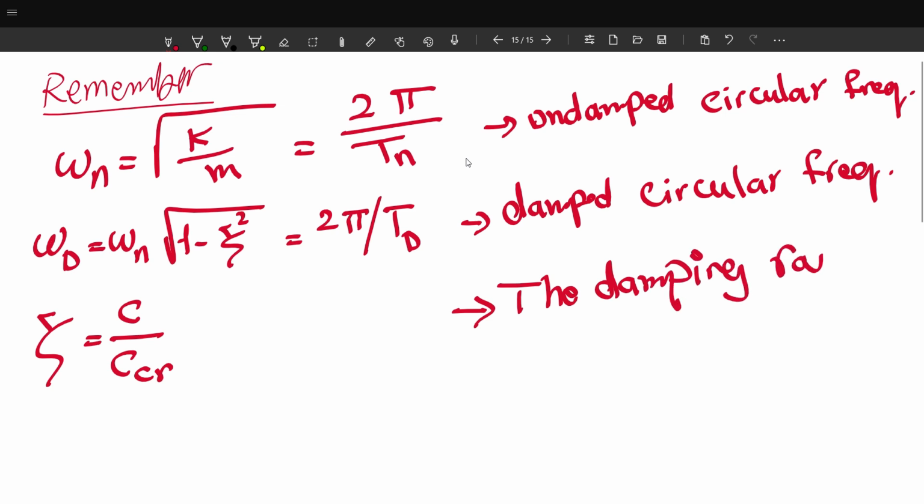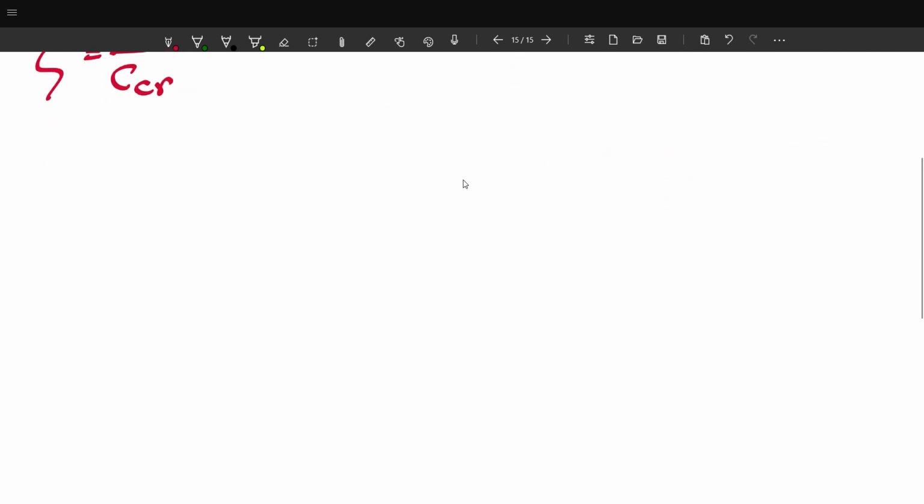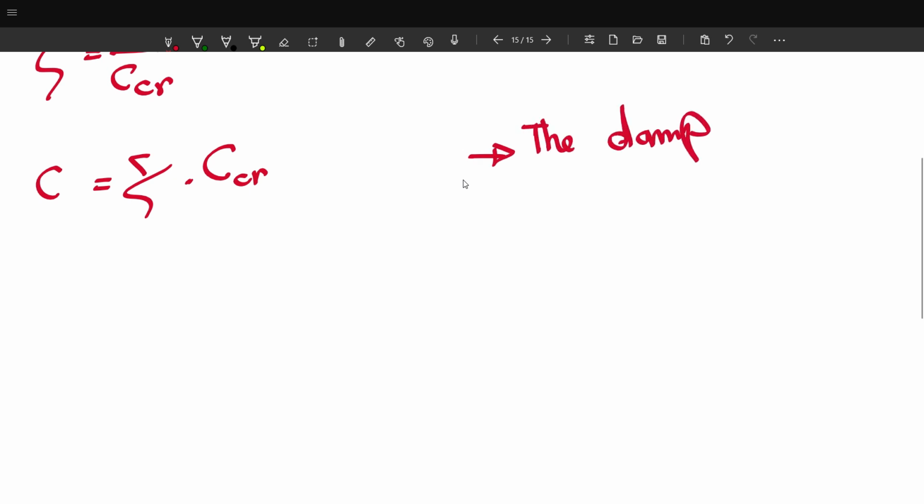It is very important to know. After that, we have C, the damping coefficient, which equals the damping ratio times CCR, the critical damping coefficient.